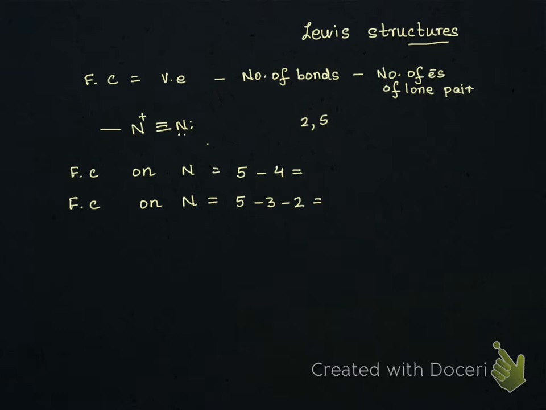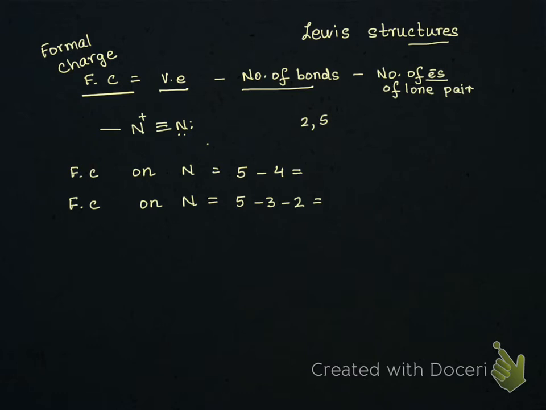So I'm taking up from there. Formal charge, this Fc stands for formal charge, is given by the number of valence electrons, take away the number of bonds formed by the atom and the number of electrons of the lone pair.